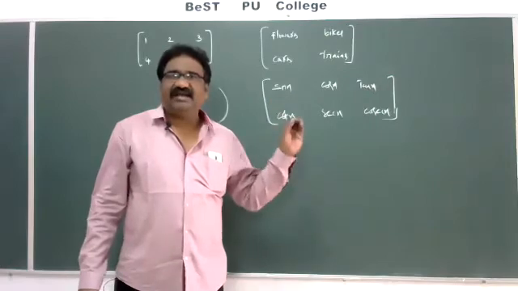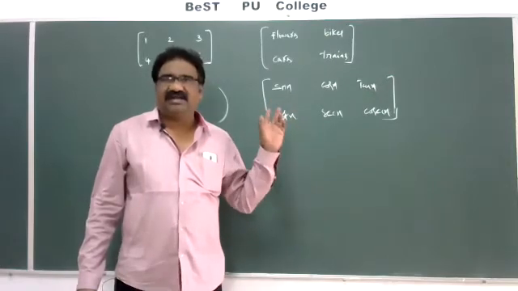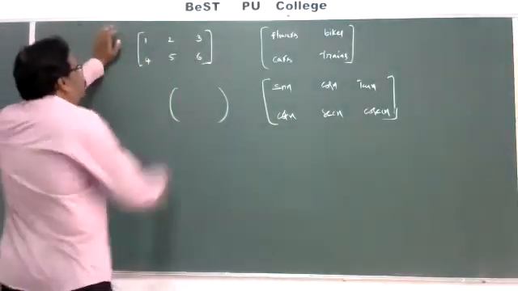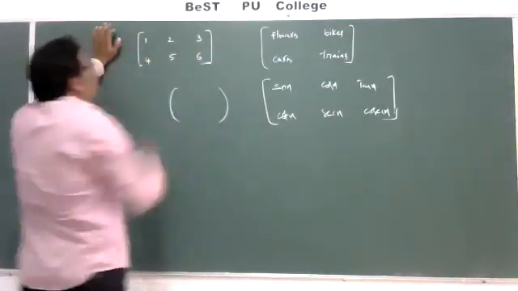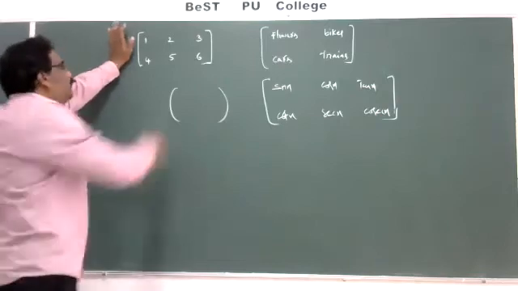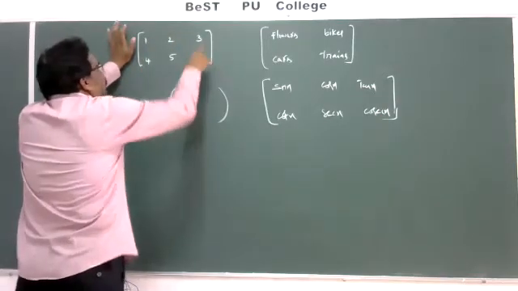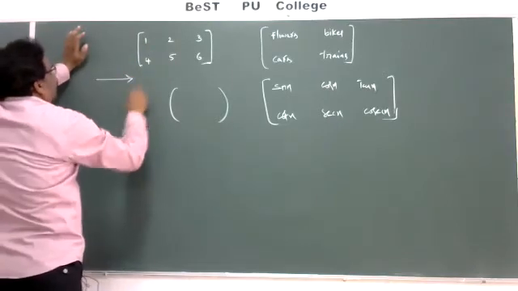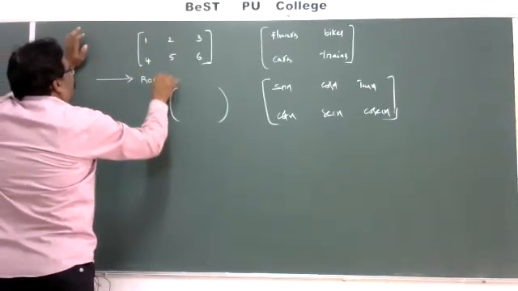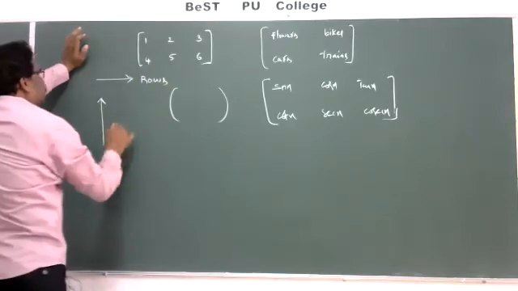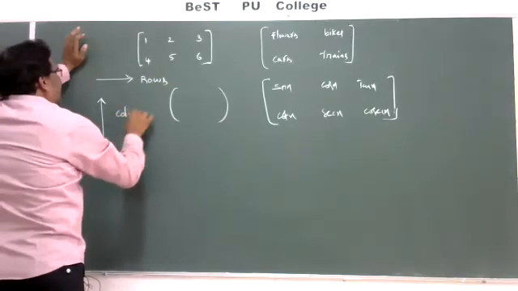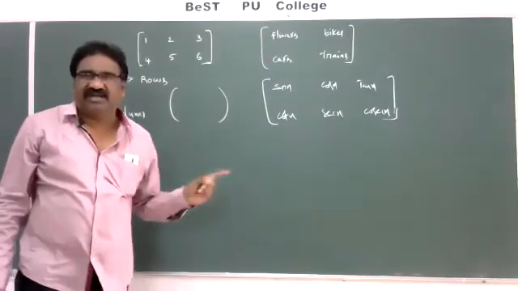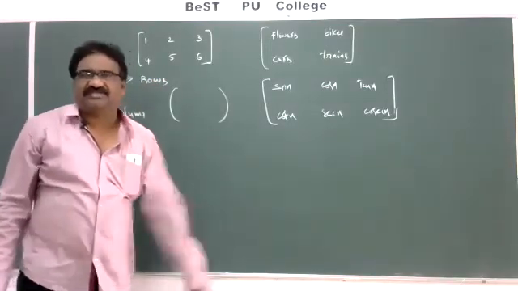So this is called a matrix. In this matrix, the horizontal lines are called rows and the vertical lines are called columns.